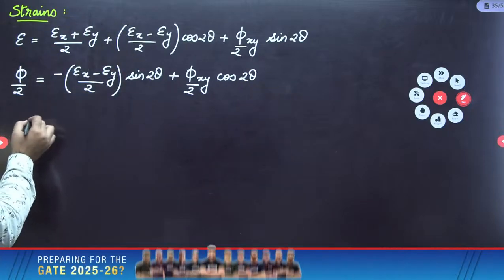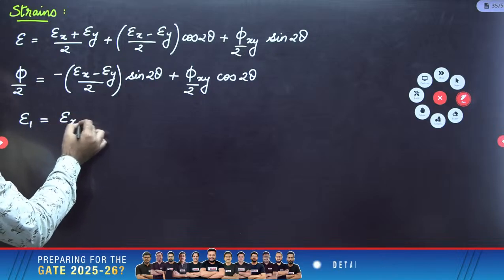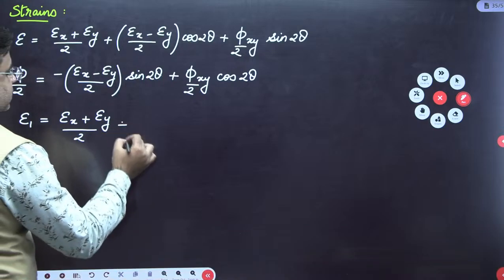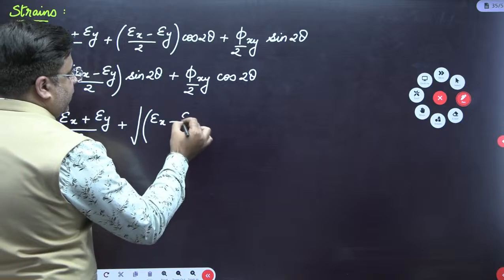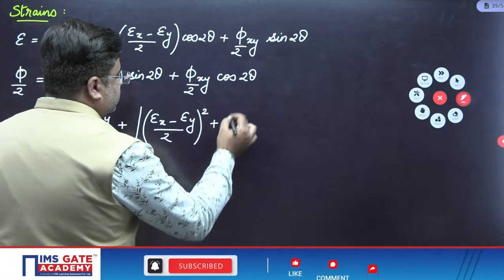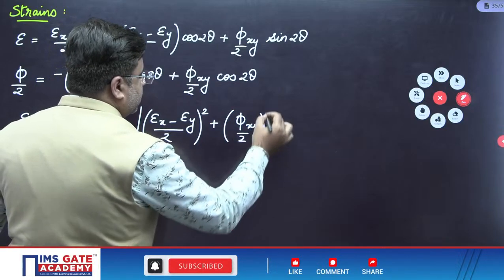Similarly, you can find out the major principal strain, epsilon 1, is equal to epsilon x plus epsilon y by 2 plus under root of epsilon x minus epsilon y by 2 the whole square plus phi xy by 2 the whole square.